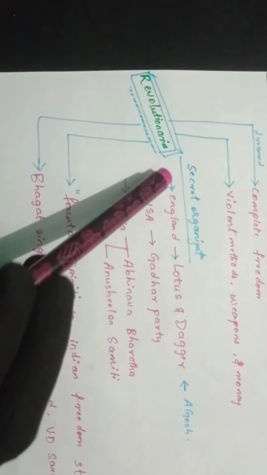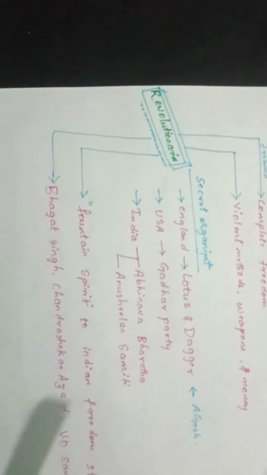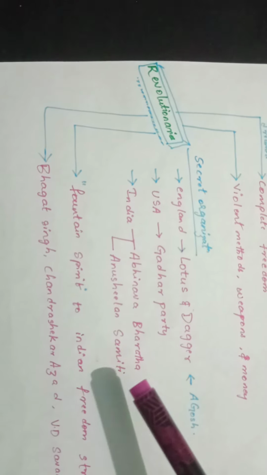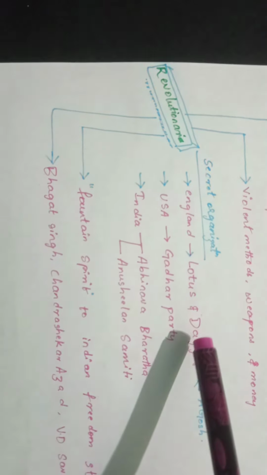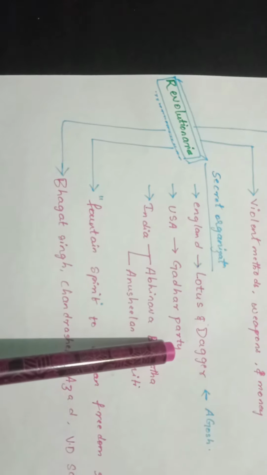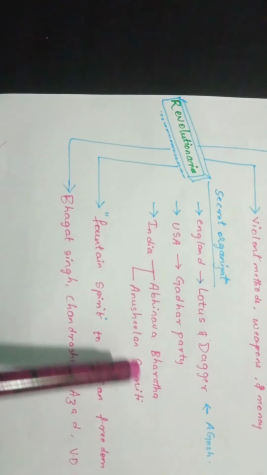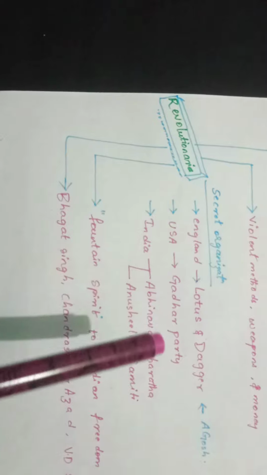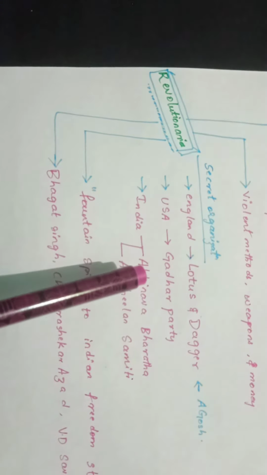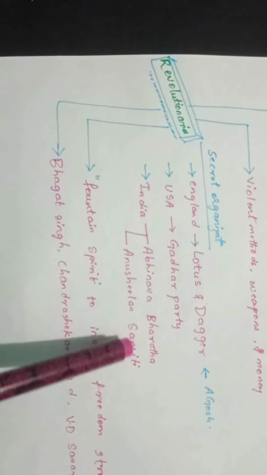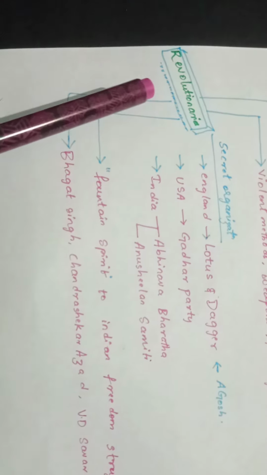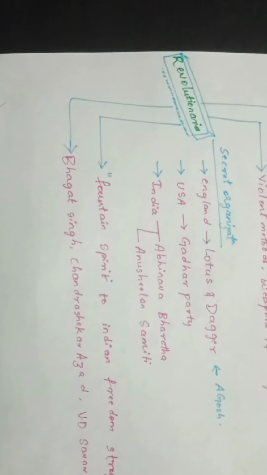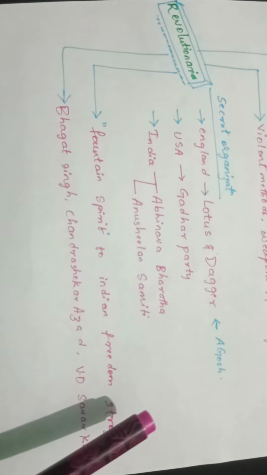In England, the secret organization was called Lotus and Dagger, which Aurobindo Ghosh supported, and in USA it was the Ghadar Party. You need to memorize this. In India, there were two important secret organizations, Abhinav Bharat and Anushilan Samiti.